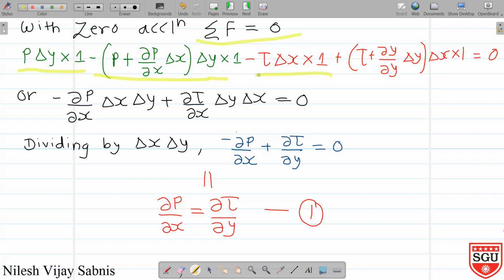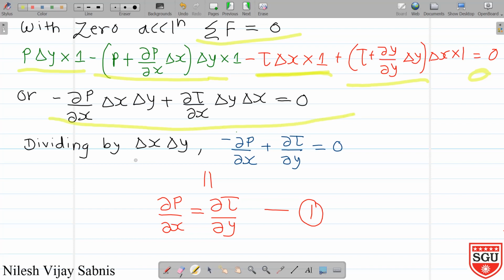This is the shear force on BC which has negative sign, and this is the shear force on AD which has positive sign because it is in the direction of flow. Addition of all these is equal to 0. After simplifying the equation we will get this equation.